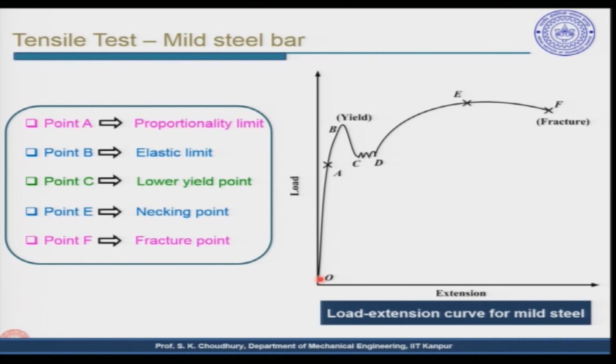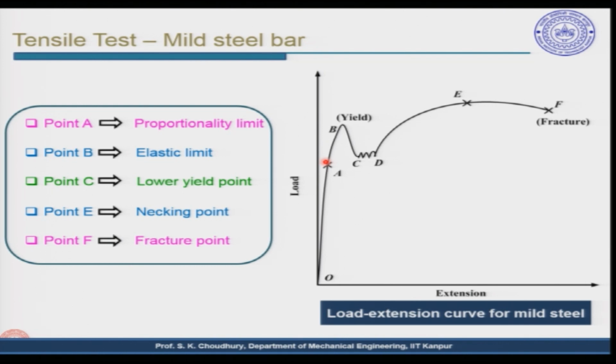When we apply the force, it is elongated up to a certain point. Up to this point the material remains in the elastic stage, meaning that if we remove the load from this point, the material will come back to its initial position. So, from O to A, this deformation is known as elastic deformation.